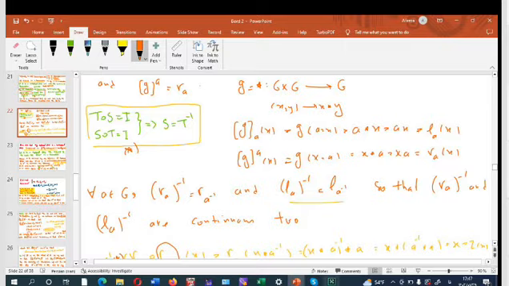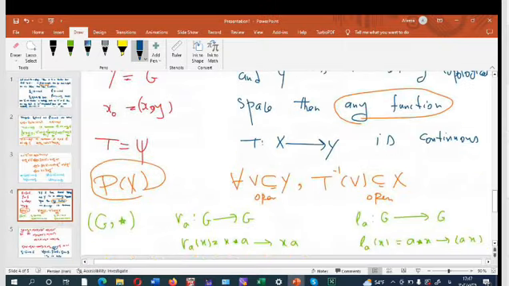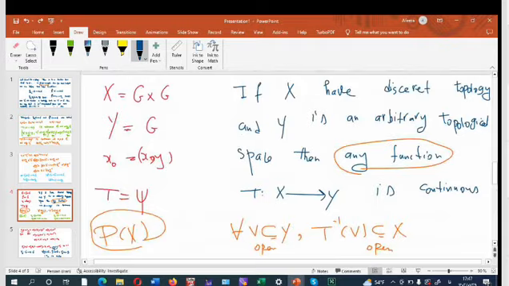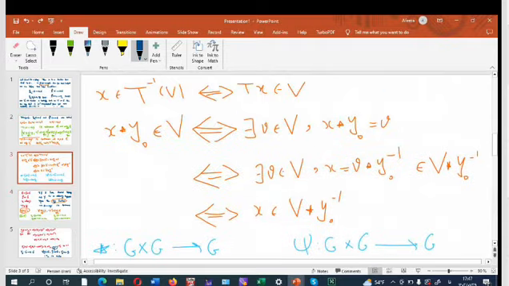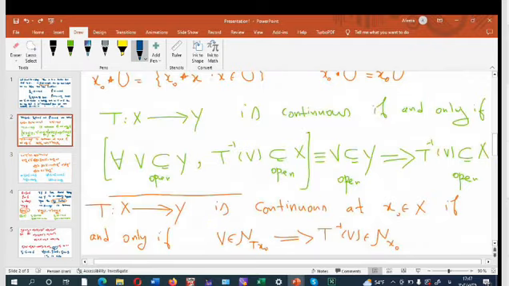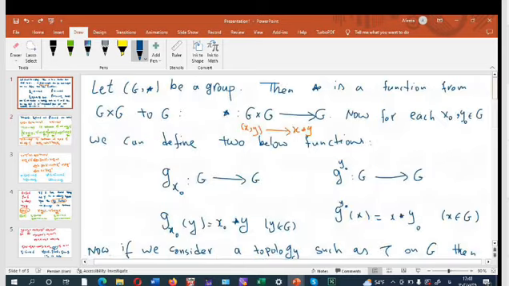In these two functions, consider the notations that we used in the previous session.